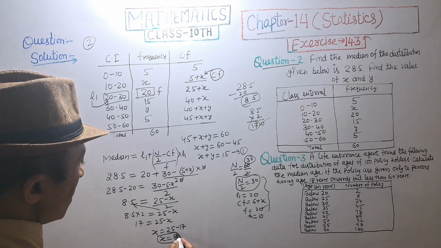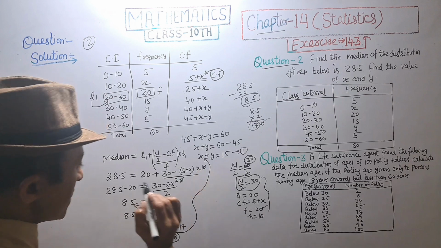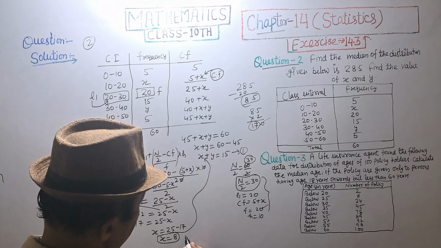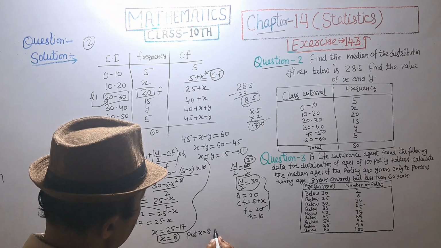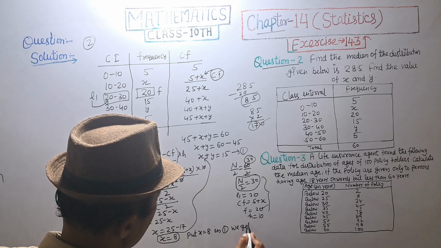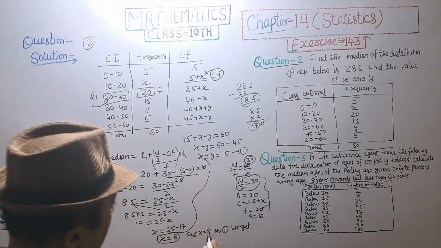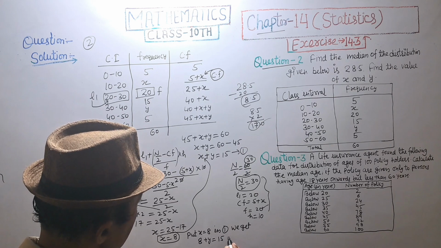And putting the value x is equal to 8 in equation first, we get 8 plus y equal to 15.